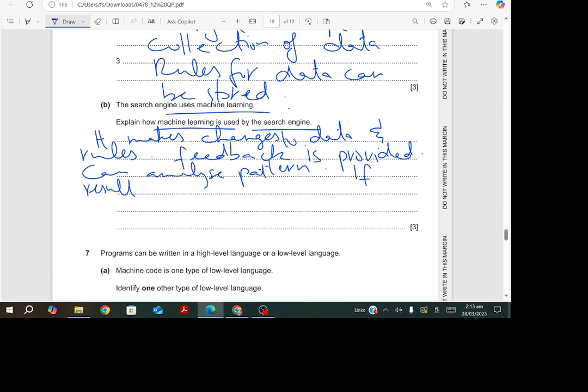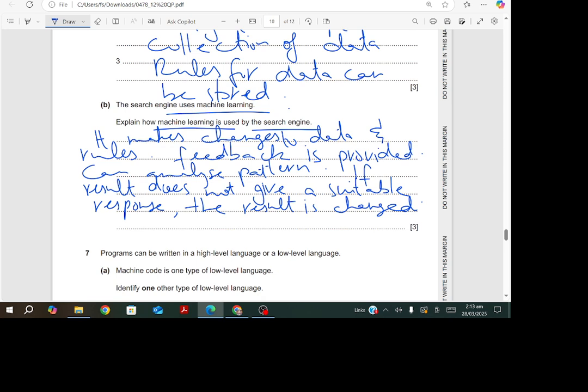If the result does not give a suitable response, the result is changed, and it can also be supervised or unsupervised. Supervised learning, unsupervised learning.